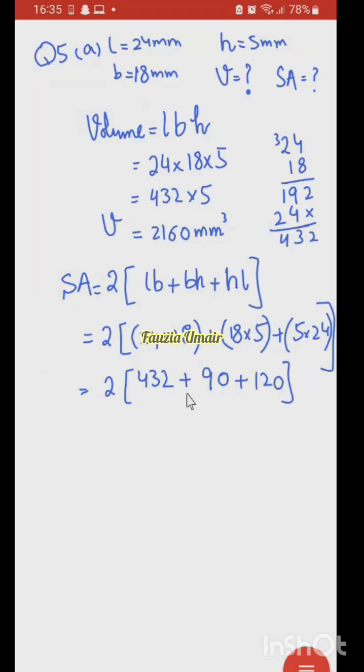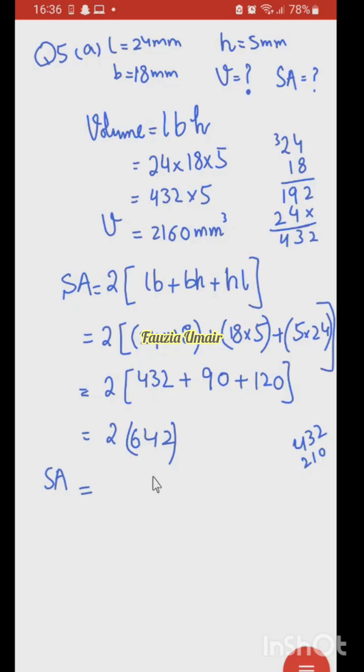120. Okay. So can you quickly add, Zainab, Amrish, what is the answer of these three? 432, 90, 120. Are you having the same answer? 432 plus 90 plus 120.